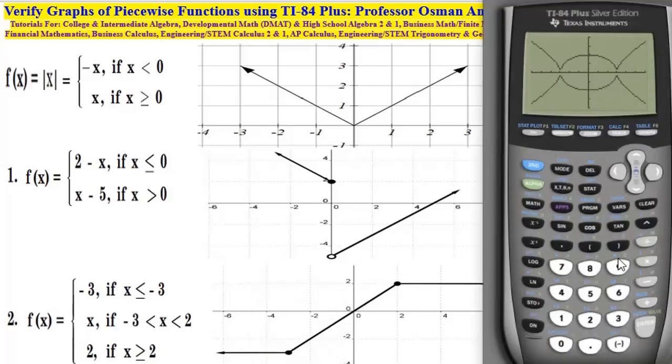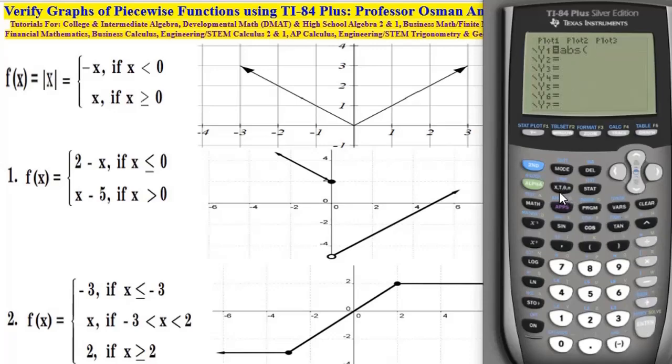To graph this, there are two ways you can do it. One way is you go to math, numbers, and choose absolute value, so that's the function.